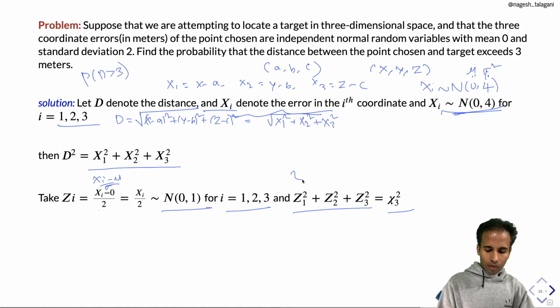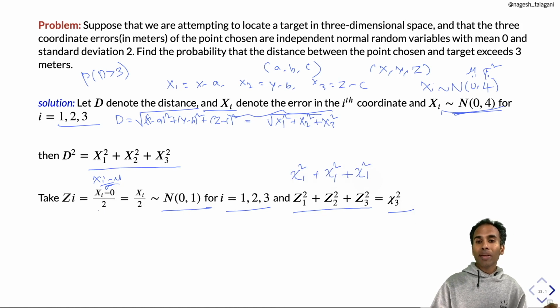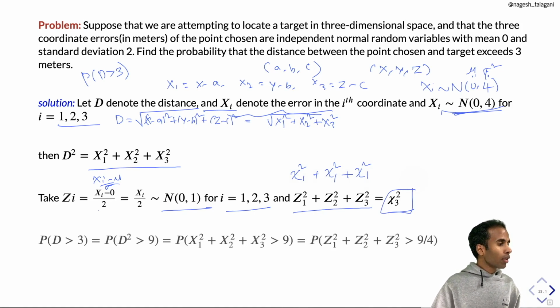So this is chi-square 1, this is chi-square 1, this is also chi-square 1. The sum of 3 independent chi-square 1 random variables is a chi-square 3 random variable. So z1 square plus z2 square plus z3 square is a chi-square 3 random variable. Now we are interested in the probability of D bigger than 3.